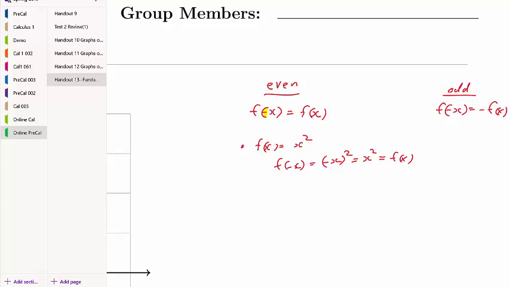Alright, and let's look at another example. Let's go for f of x equals 5x to the 10th power. And so if you plug in f of negative x, then you will have 5 times negative x to the 10th power.